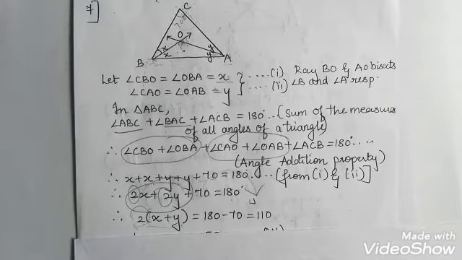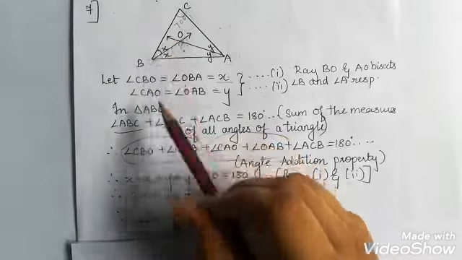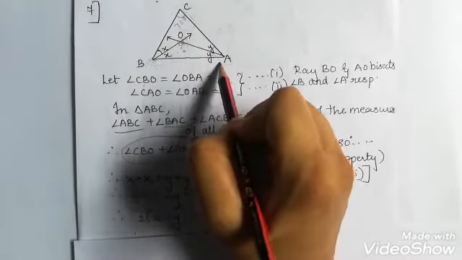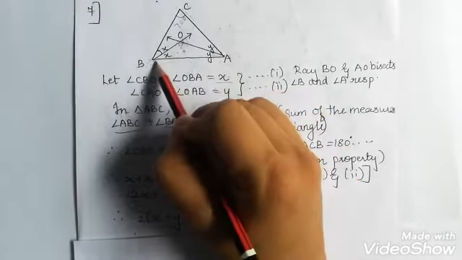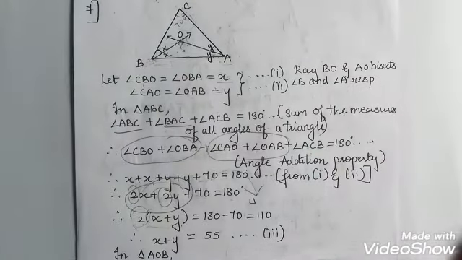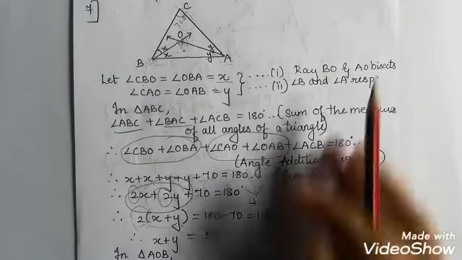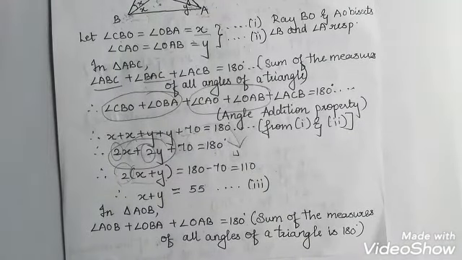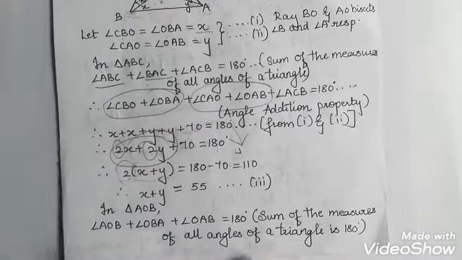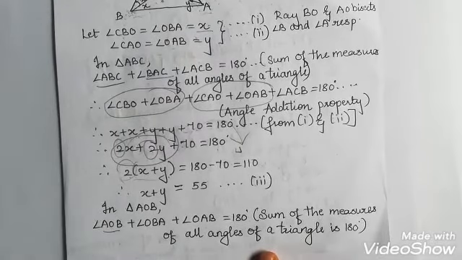Now in this smaller triangle, I will add the three angles, that is angle OBA plus angle BAO plus angle AOB. The sum of the three angles of a triangle is 180 degrees, right? Now we have to find the measure of angle AOB.